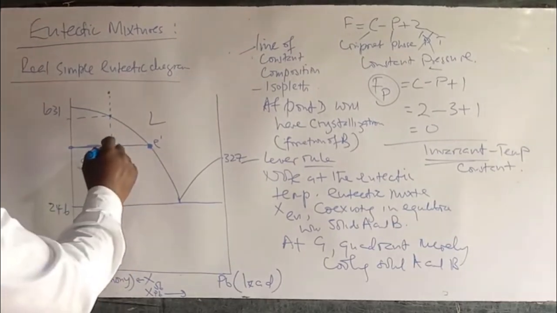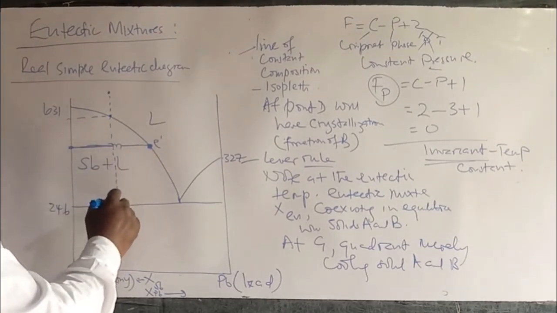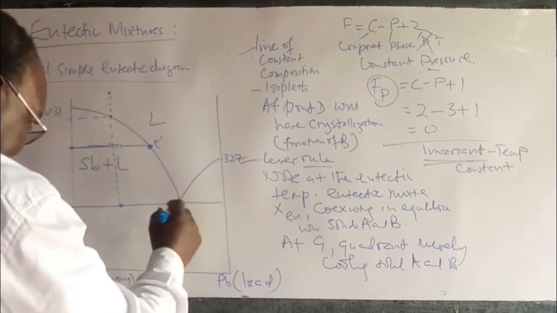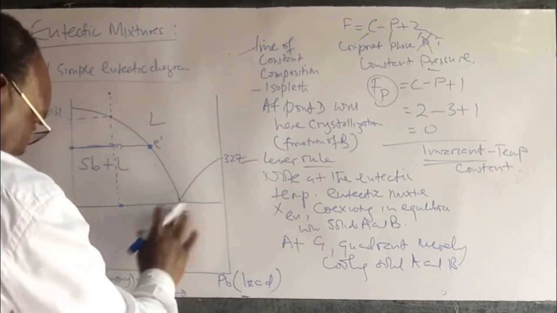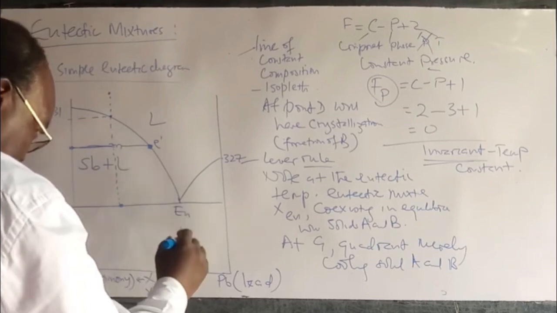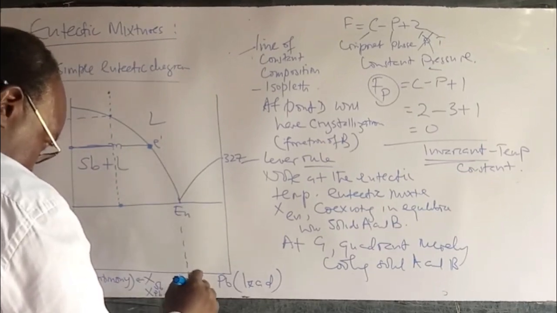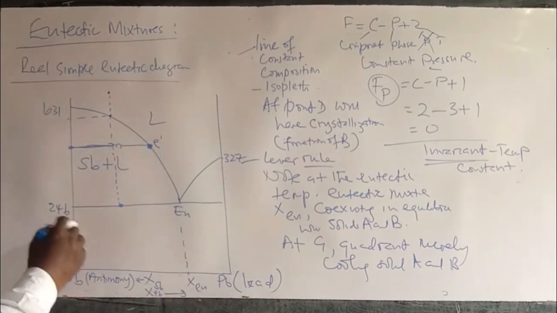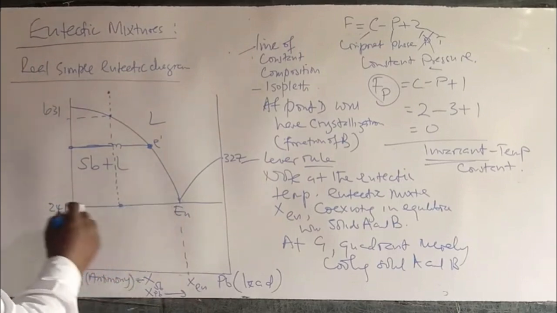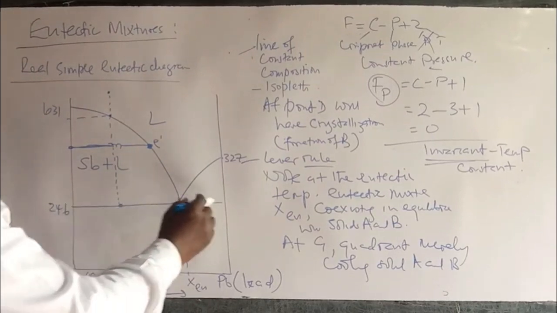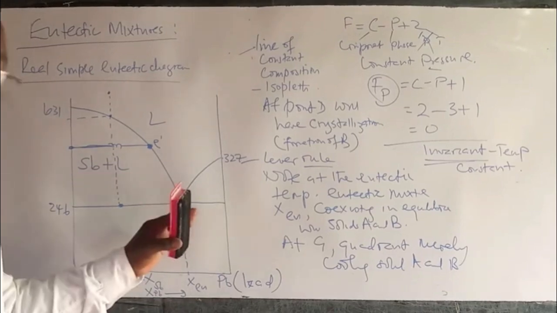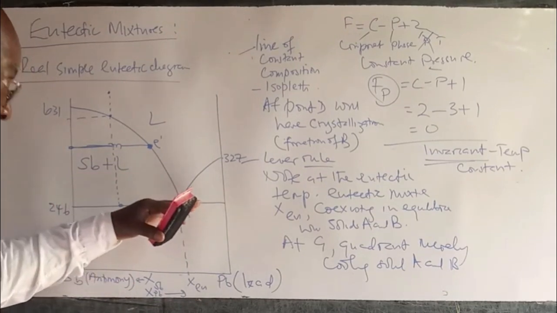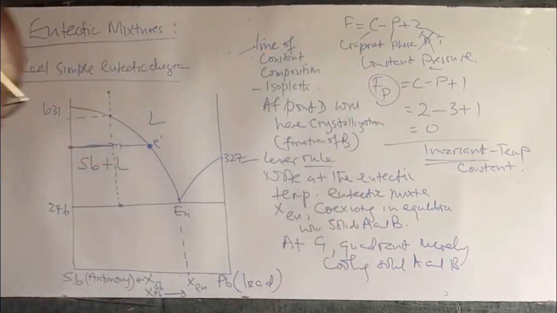As you continue lowering the temperature, we reach that point where you have the eutectic mixture, let's call it EU, with the eutectic composition. At that particular point, the antimony is coexisting in equilibrium with the eutectic mixture and with the lead. So like we have said, the system is invariant. There's no change in temperature, as you have seen from the phase rule.